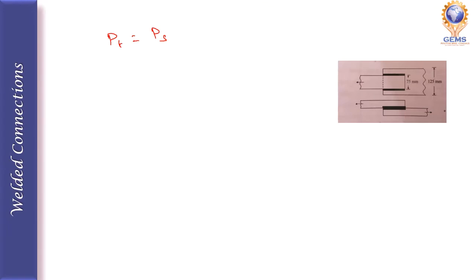What is the shear strength of the plate? That is 75 into 12, the smaller plate, 75 mm into 12 mm thickness into 150 Newton per mm square, equal to LW into the effective throat thickness. The throat thickness is K into S, that is 0.7 into 10.5 into 108.